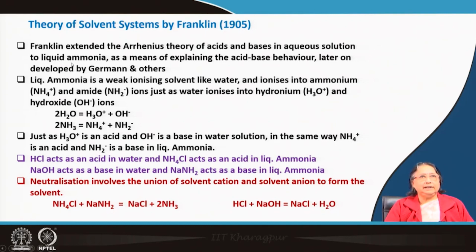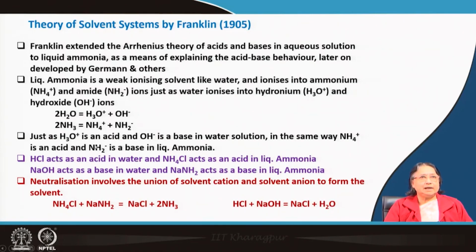We know that in liquid ammonia many reactions are carried out, and he said that just like water molecules, ammonia also can give ammonium ion and amide ion. So, this is the cationic part and this is the anionic part, and he said it is very similar to the Arrhenius concept.